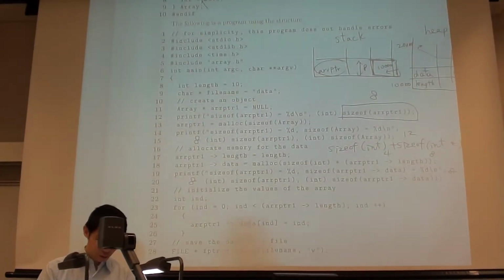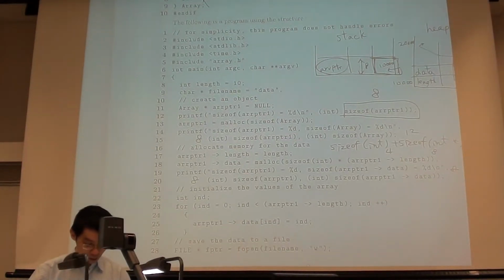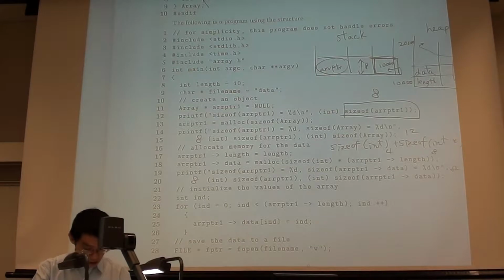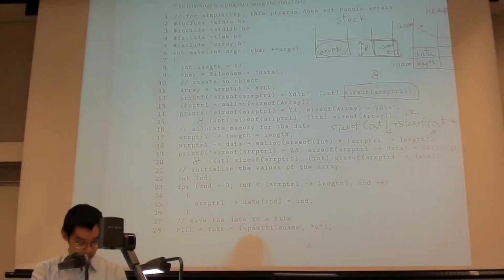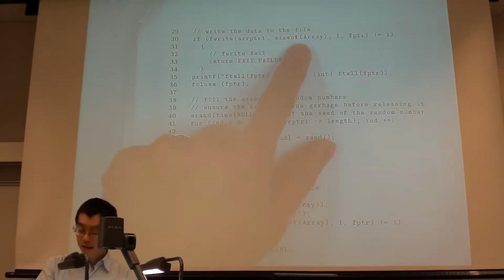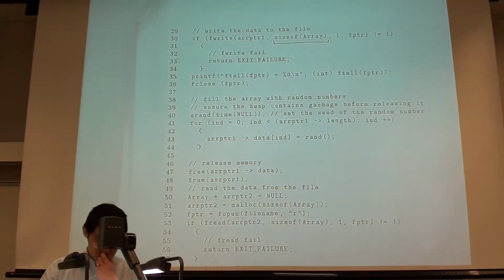Okay, so next, assign values to data: 0, 1, 2, 3 until 9 because the length is 10. Then we open the file for write. We write so many bytes into the file.